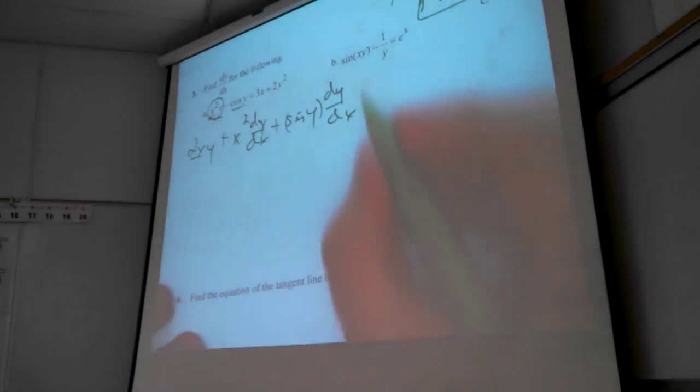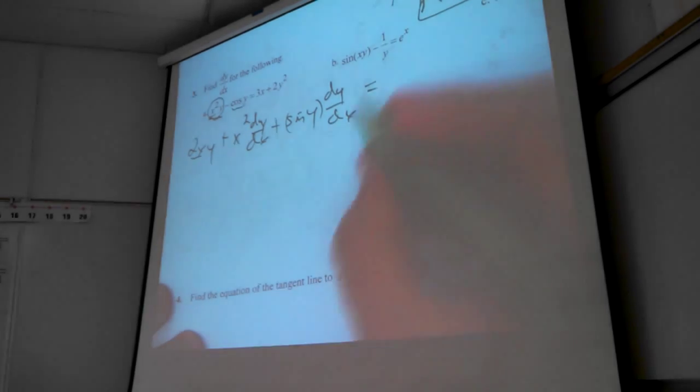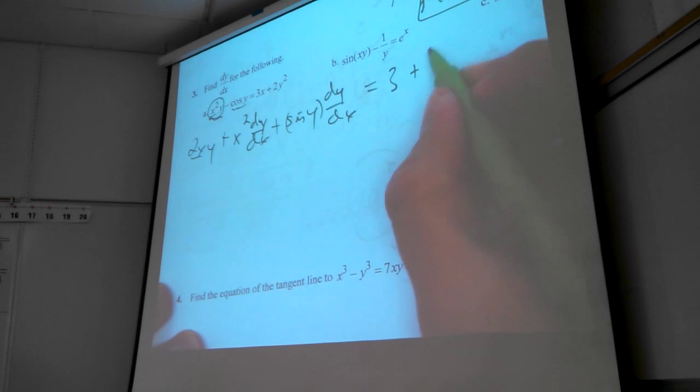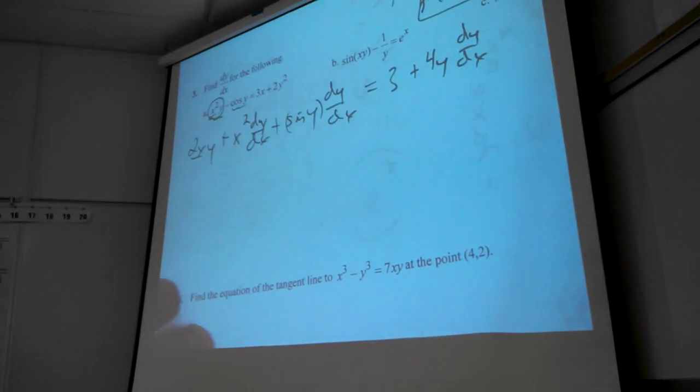Equals derivative of 3x. Awesome. Derivative of 2y squared, 4y dy dx. Some of you guys are realizing anytime you take the derivative of a piece that actually has a y in it, there's going to be a dy dx attached to it. Just chain rule.